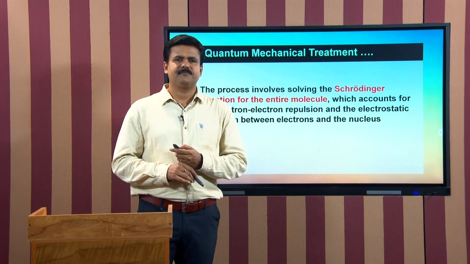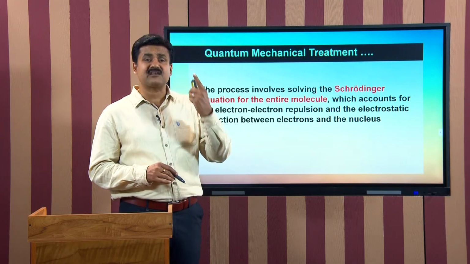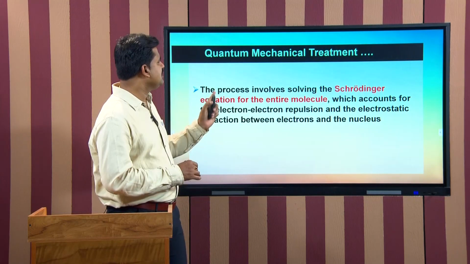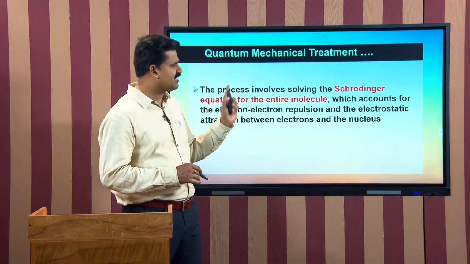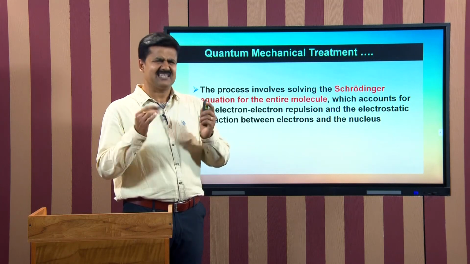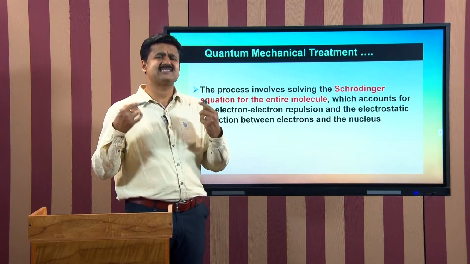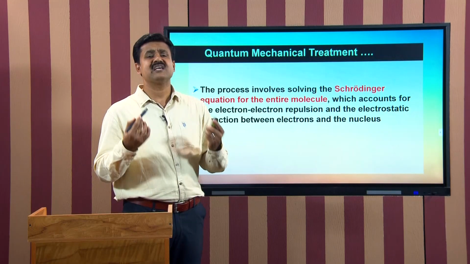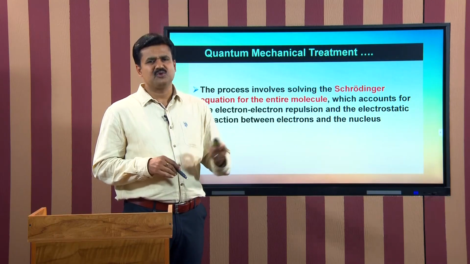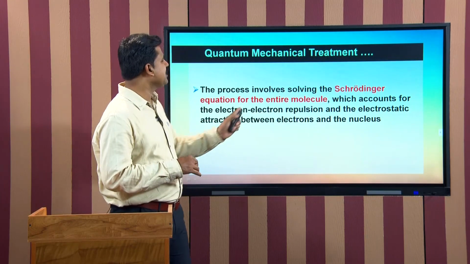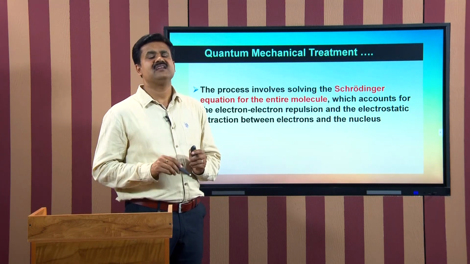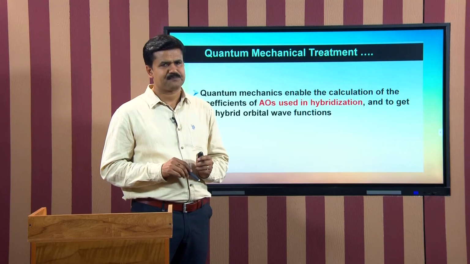The quantum mechanical treatment of hybridization involves writing up the Schrodinger equation for the entire molecule and finding the solution to that Schrodinger wave equation. That is, the quantum mechanical treatment is simply the solving of the Schrodinger wave equation for the entire molecule. These solutions account for electron-electron repulsion and the electrostatic attraction between electrons and the nucleus.